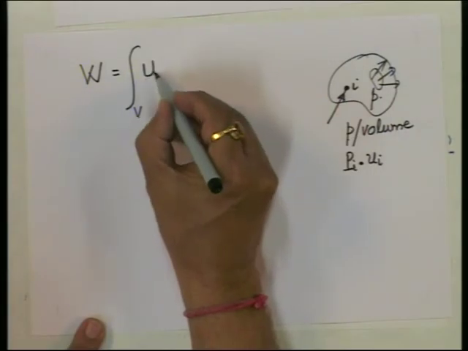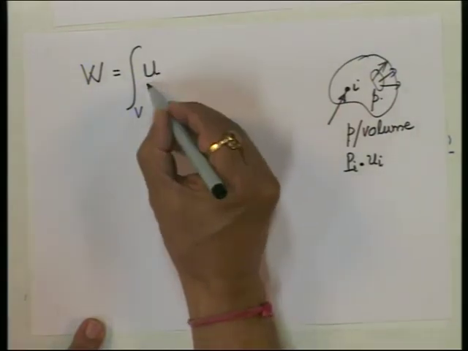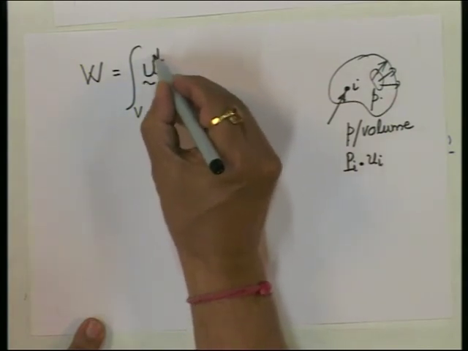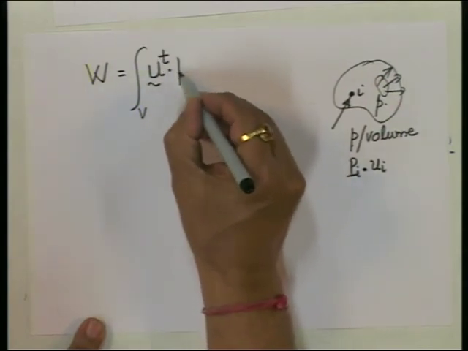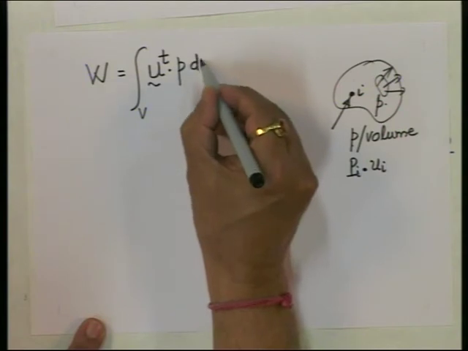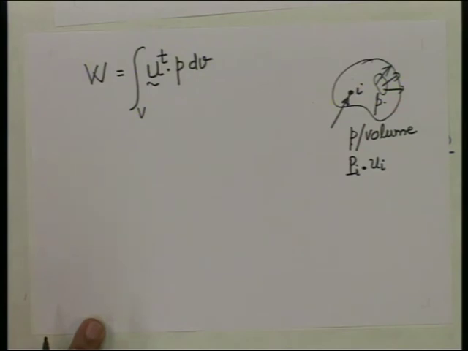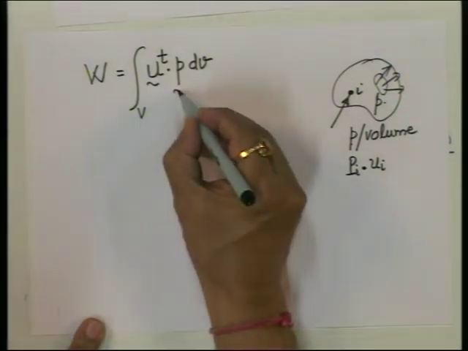I will write it in a more sophisticated way. I will say it is U transpose multiplied by P dV. P dV is the total load multiplied by the displacement, and P can also be a vector.